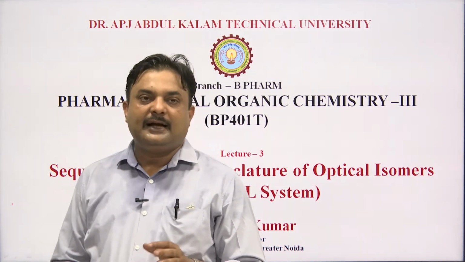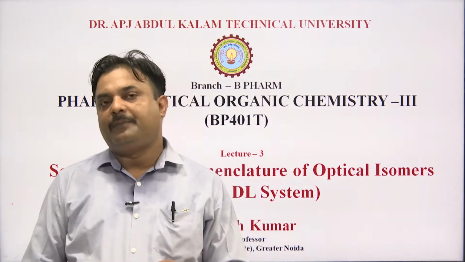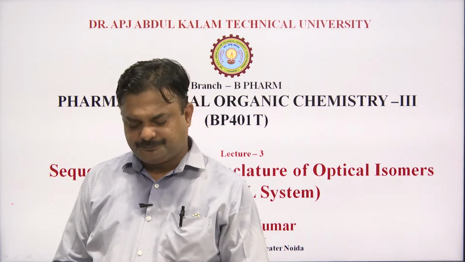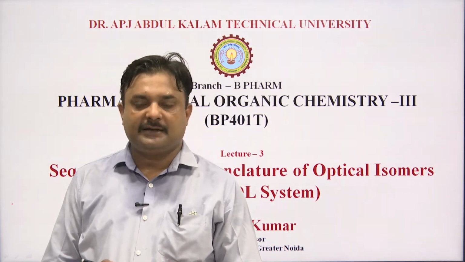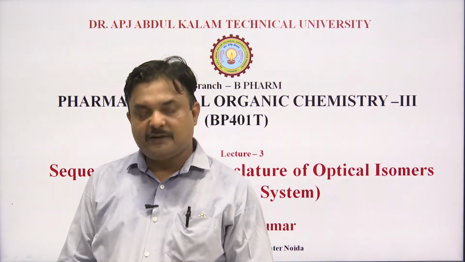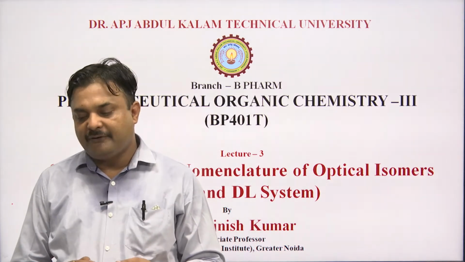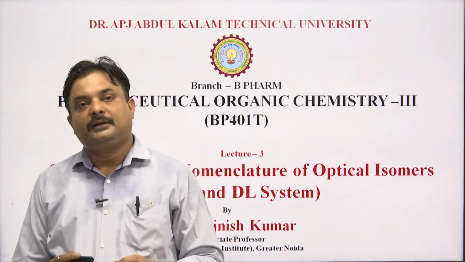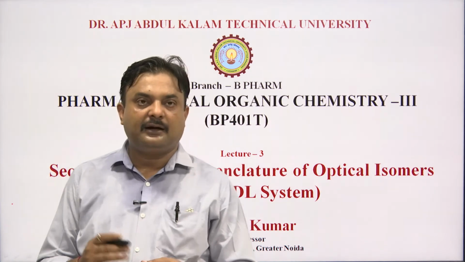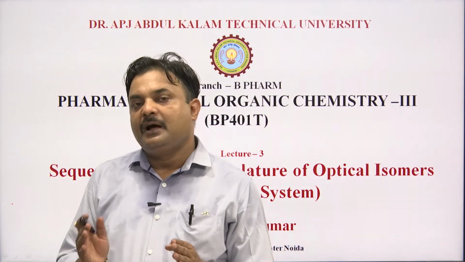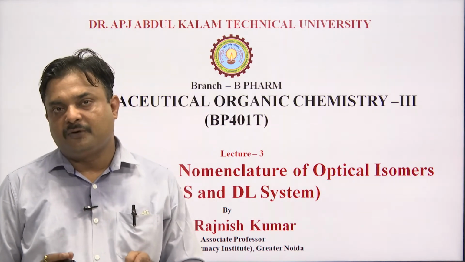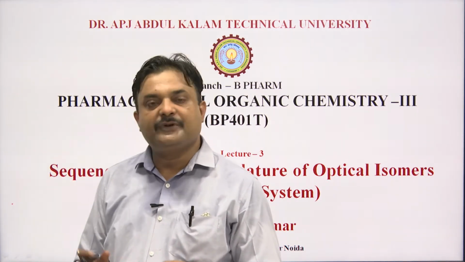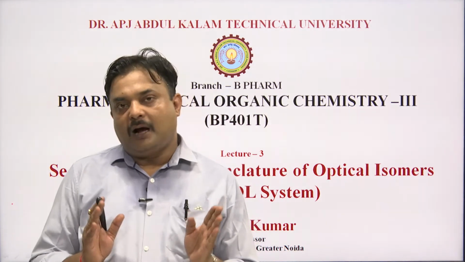Then we will discuss the nomenclature of optical isomers, which generally contains two types of system. One is the relative system of configuration of optical isomers, that is the DL system, and the other is the absolute system of configuration, which is also known as the RS system.